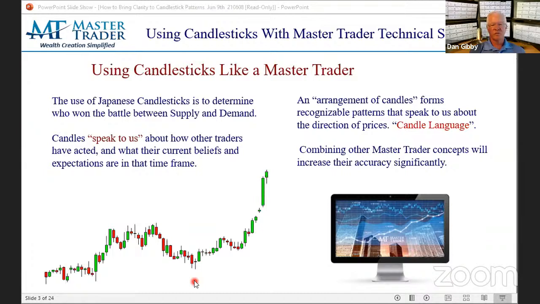I would print it for the students, and I would say, you have 15 minutes. I want you to print it, mark up everything you see, and then we're going to spend 30 minutes talking about it afterwards.